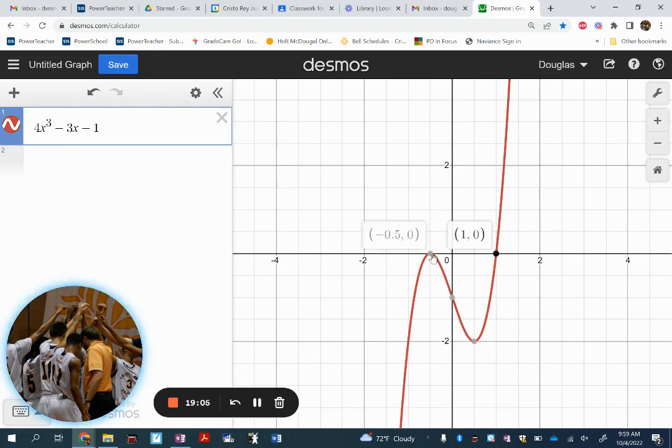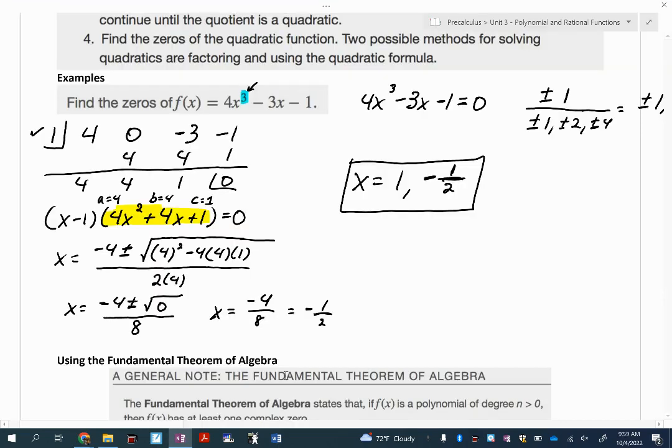And if you look at our other solution, negative 0.5 or negative 1/2, we are touching the x-axis but coming back. We're not actually crossing it. So this one has a multiplicity of 2.